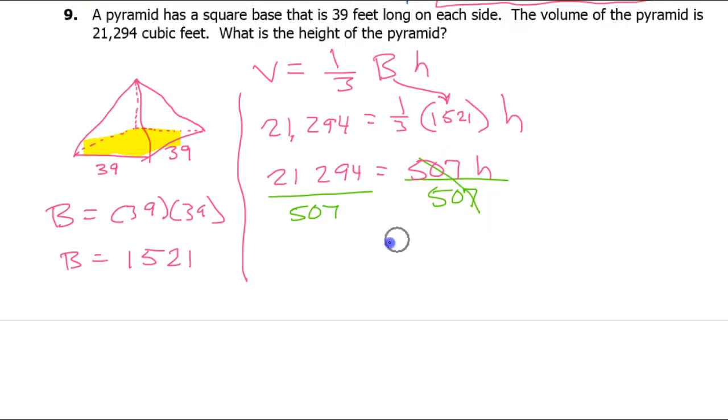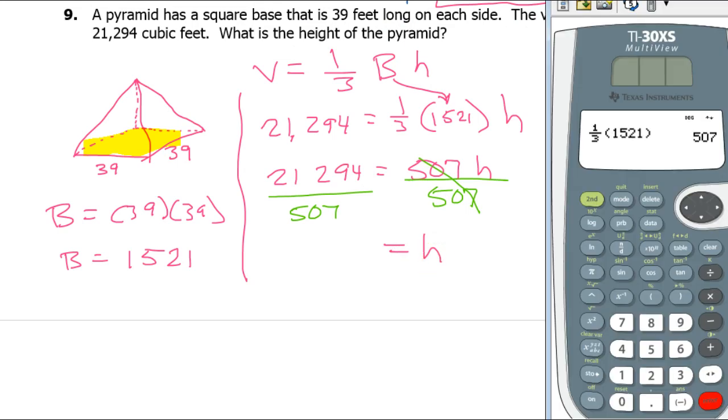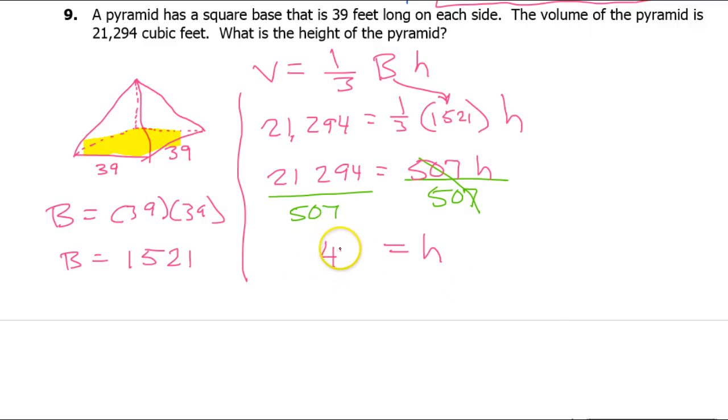And then that'll be it. 42, look at that. A nice whole number. And these units are in feet. So this is a length, so it will also be in feet. So that's the answer to number 9.